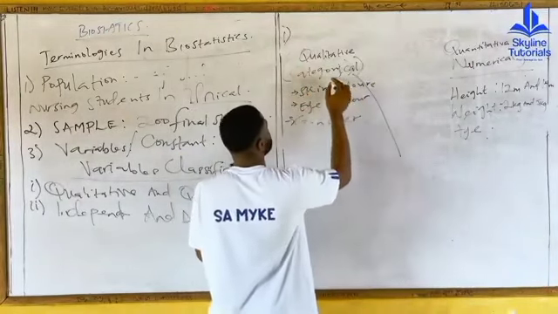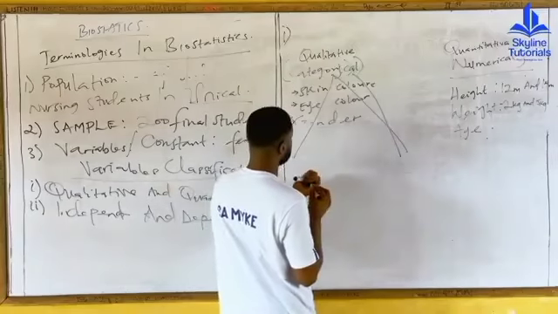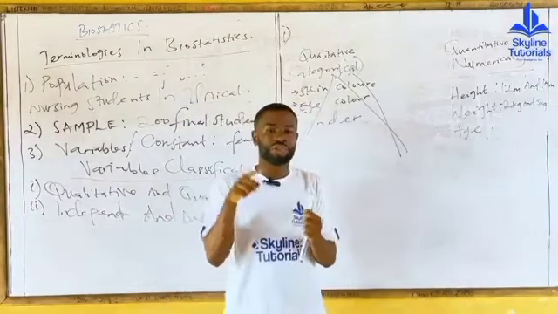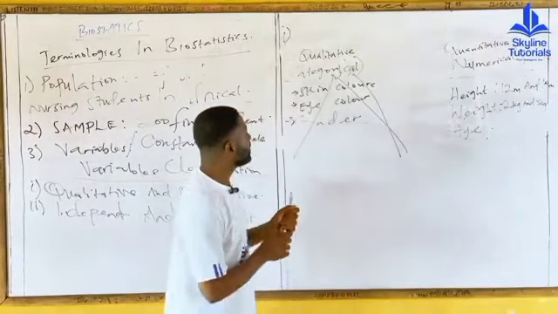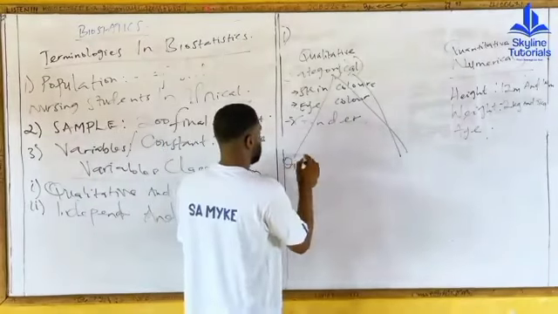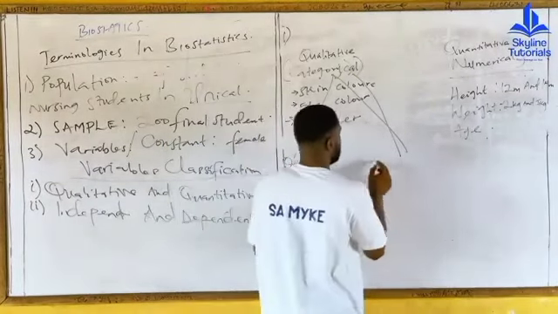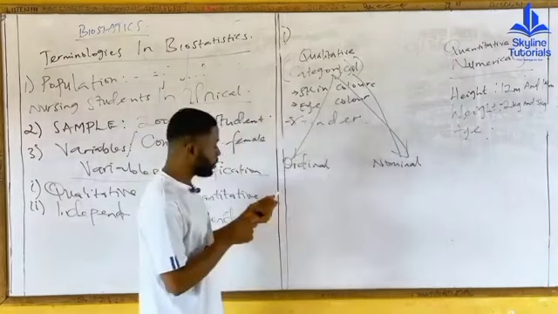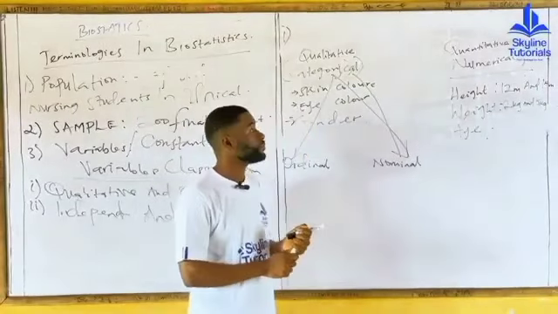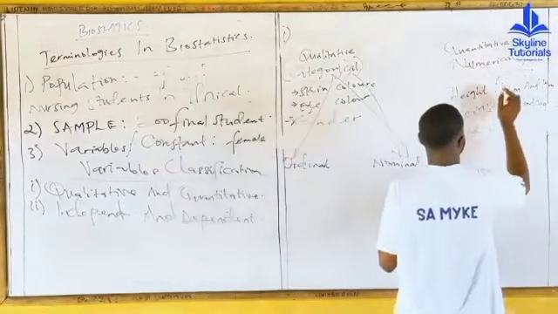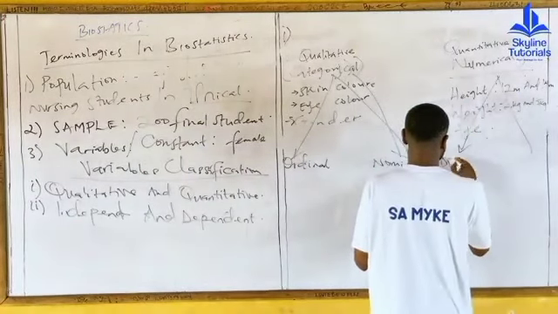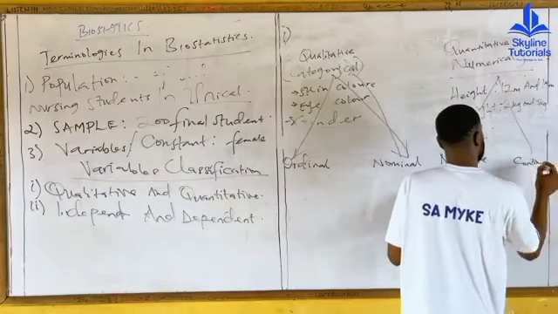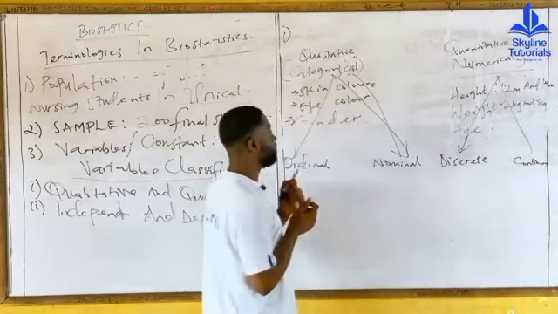The qualitative variable can be subdivided into ordinal and nominal variable, and the quantitative can be subdivided into discrete or continuous variable.